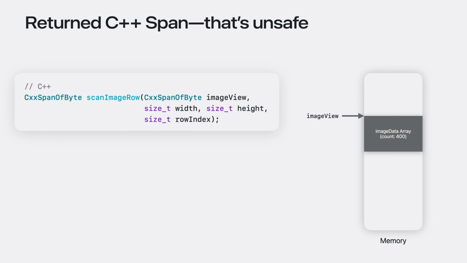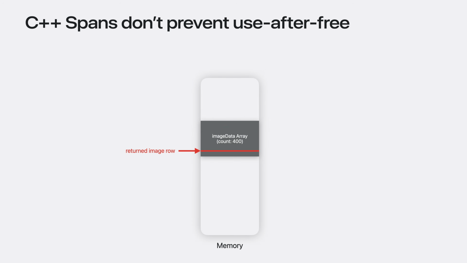Here's an example. Scan image raw takes the image view as a C++ span and returns another C++ span pointing to a selected row of the image data. Once the function returns, the data will get deallocated. But the returned C++ span still points into that memory, a dangling pointer. Accessing it will be a use after free.